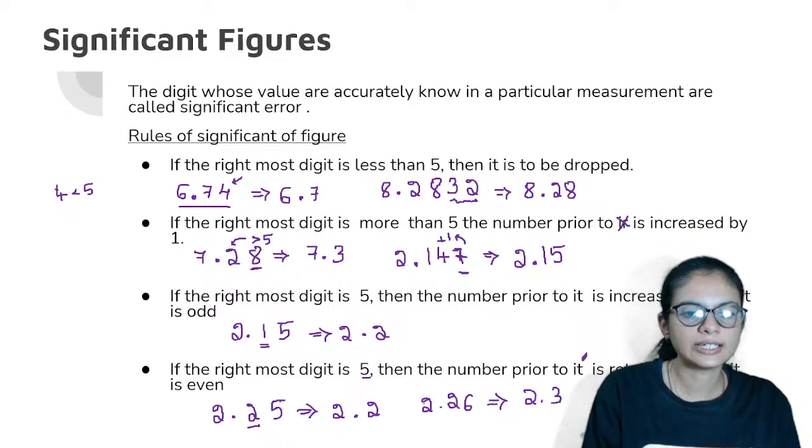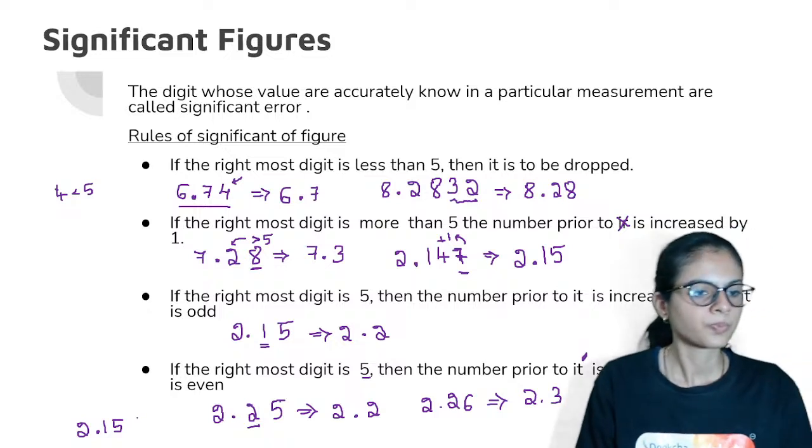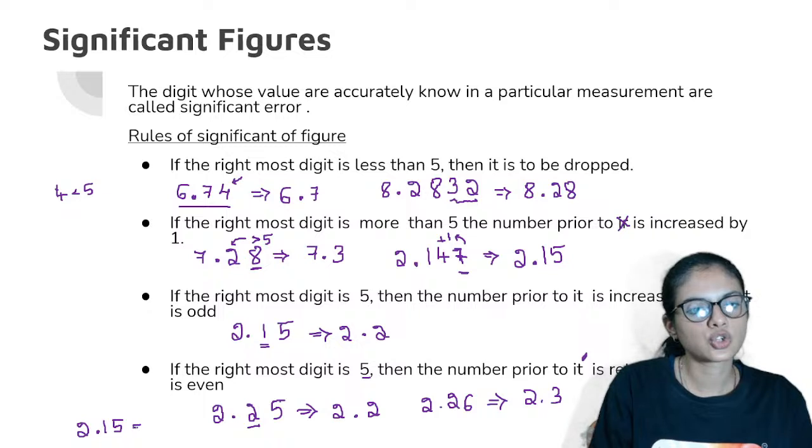Clear? And let's consider some more examples. So if it is 2.15? Yes. If it is 2.15, it becomes 2.2.